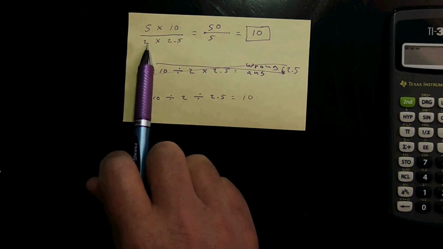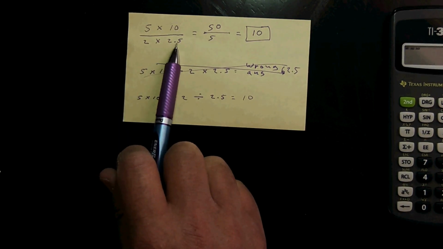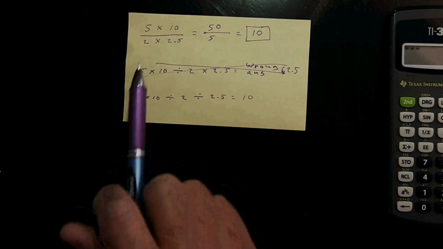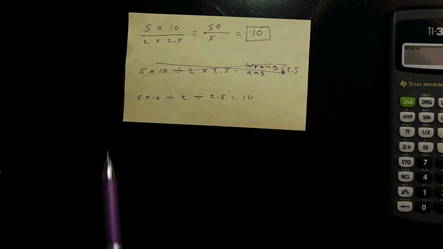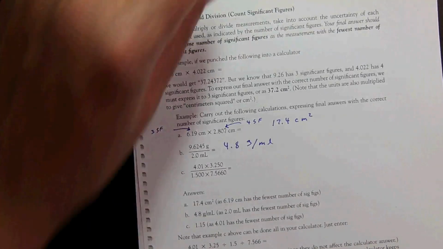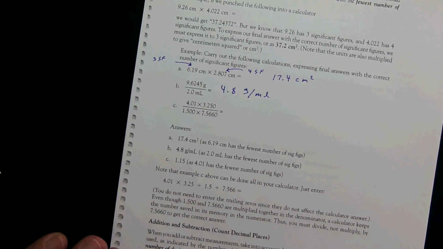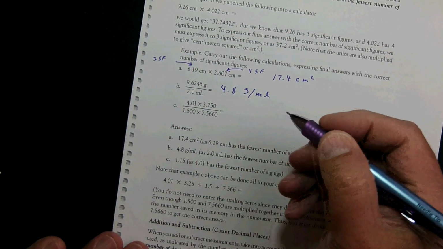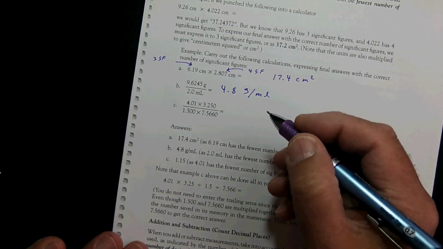So again, when you see setups like this, and you're going to see a lot of setups like this in the sciences, things on the bottom, divide by them, and you end up getting the right answer. So anyway, if you did this one, again, you get to keep 3 sig figs, so your answer is going to end up being 1.15.